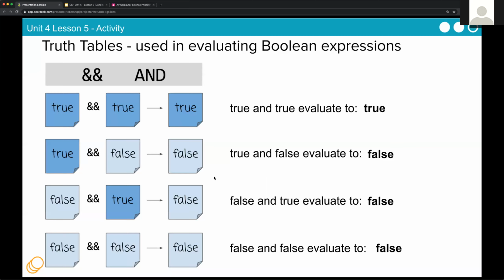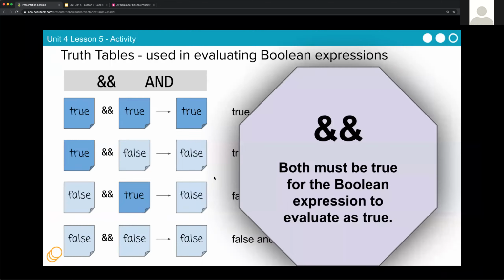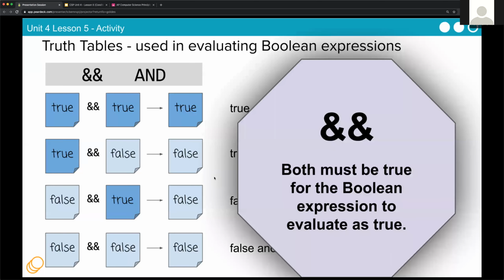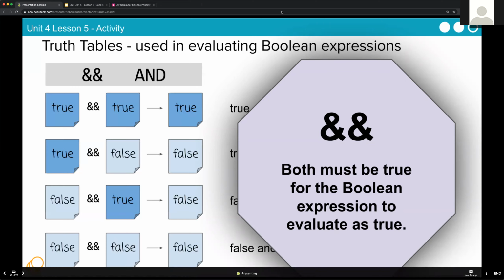In order for an and statement to be true, both sides do have to be true, right? That's the big idea here. Both sides of a Boolean expression using an and have to be true in order for the whole thing to evaluate to true. If there's even just one false, the whole thing becomes false. Okay, so that's the big idea here.